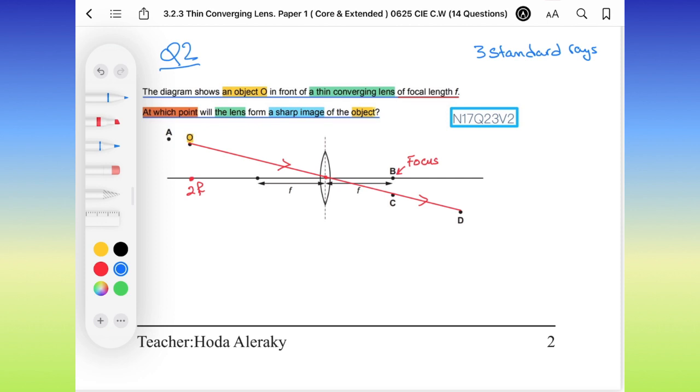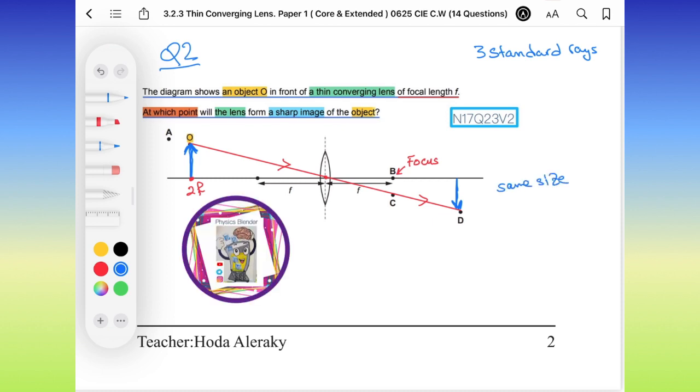So if I draw an object at this point, you will find its image will be same size, real, and inverted.